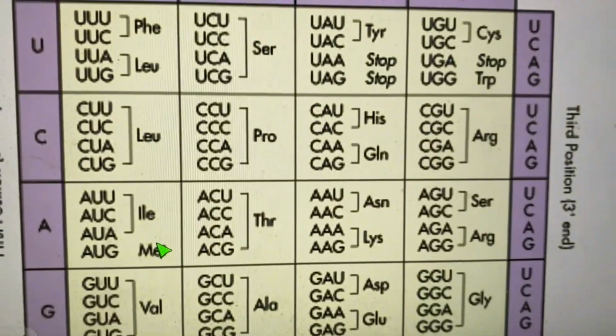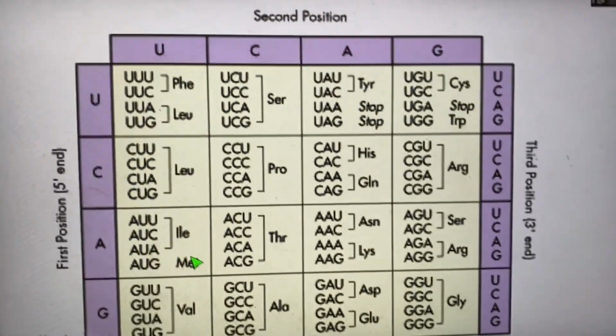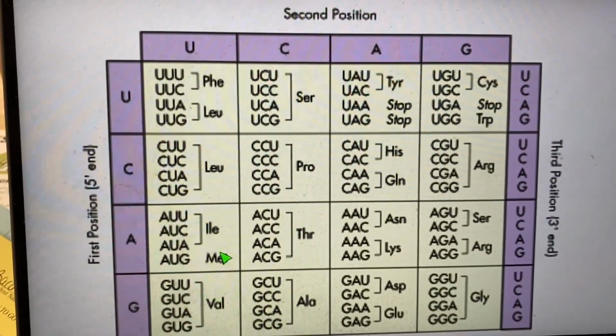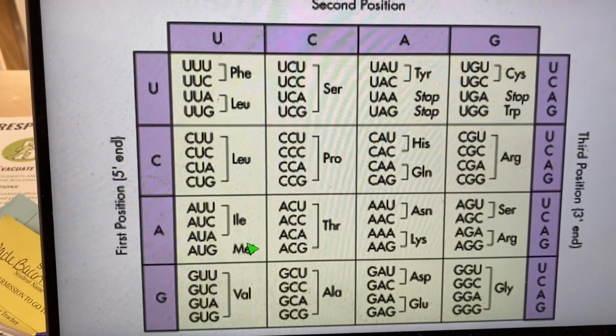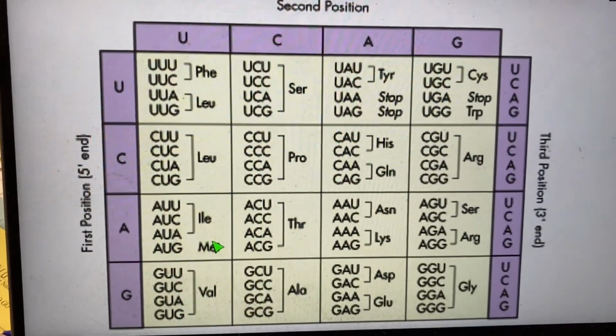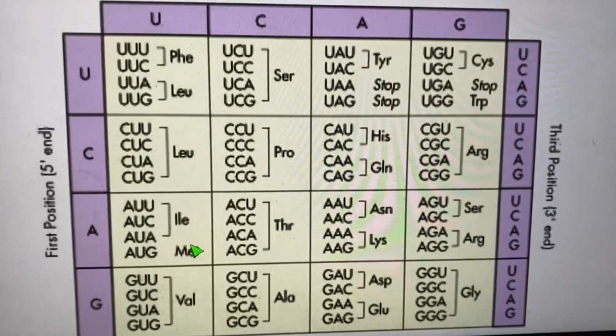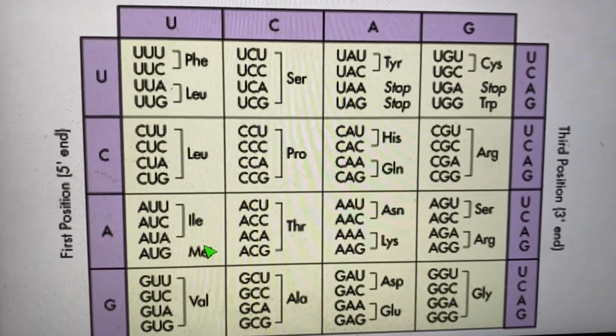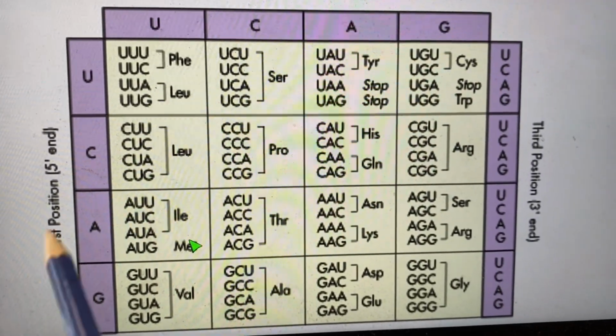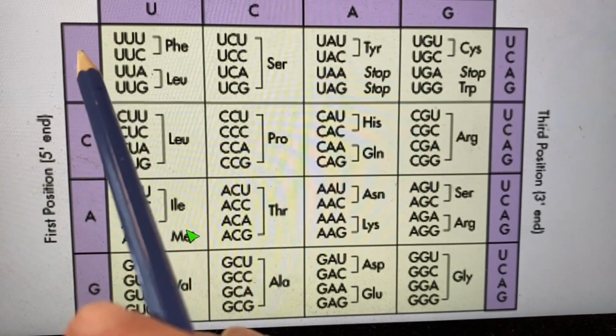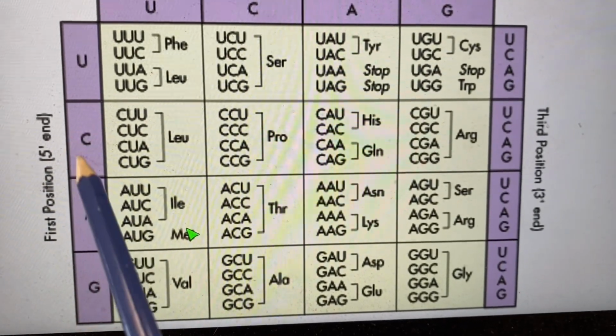You will have to be able to read this chart. This is a chart that has the RNA codon and its corresponding amino acid. The way you read this chart is, what's the first letter in the codon?